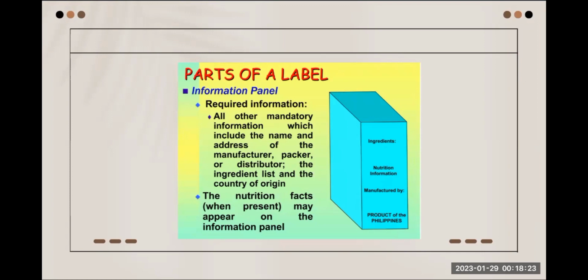Ito na nga po yung information na sinasabi ko na sa may bandang side po to ng packaging na kung saan makikita yung ingredients, nutrition information, manufactured by kung sino gumawa, and then kung saan produkto nanggaling. Ito mas makikita ng consumer kung ano po yung mga nilalaman mismo ng product sa isang packaging. Next po.